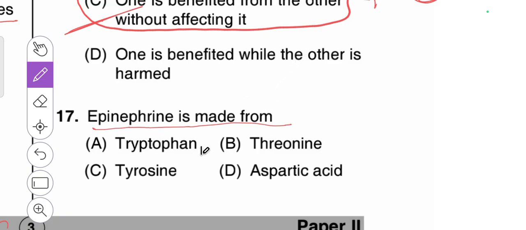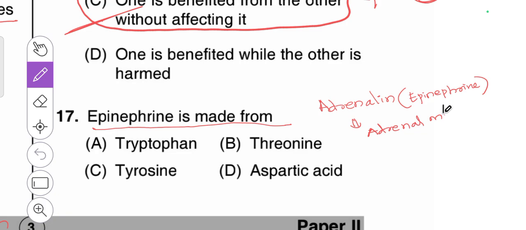Epinephrine, that is adrenaline, is produced from the adrenal medulla, and this adrenal medulla synthesizes two hormones, epinephrine and norepinephrine.